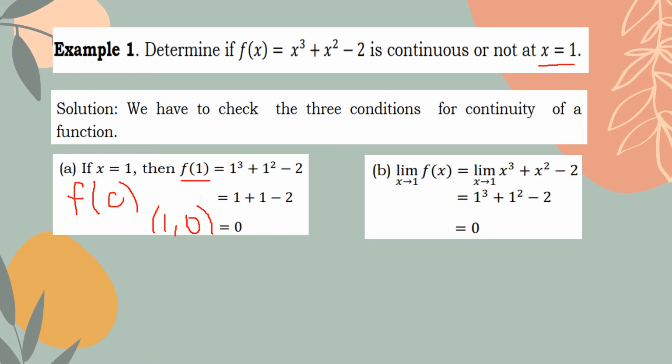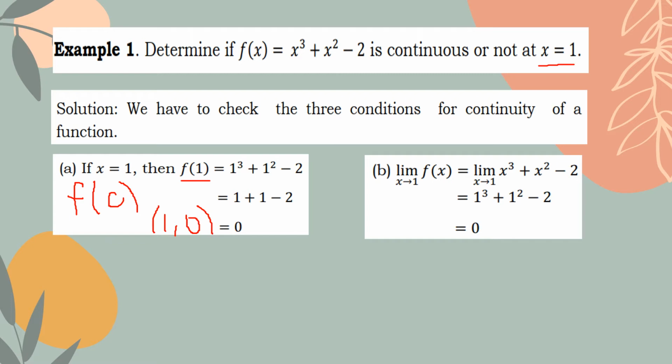Check. Second, the limit of f of x as x approaches c equals the limit of x cubed plus x squared minus 2 as x approaches 1. Okay. Ma'am, you said that when we try to evaluate a given limit, we have to evaluate it from the left and from the right. Yes, that's correct.